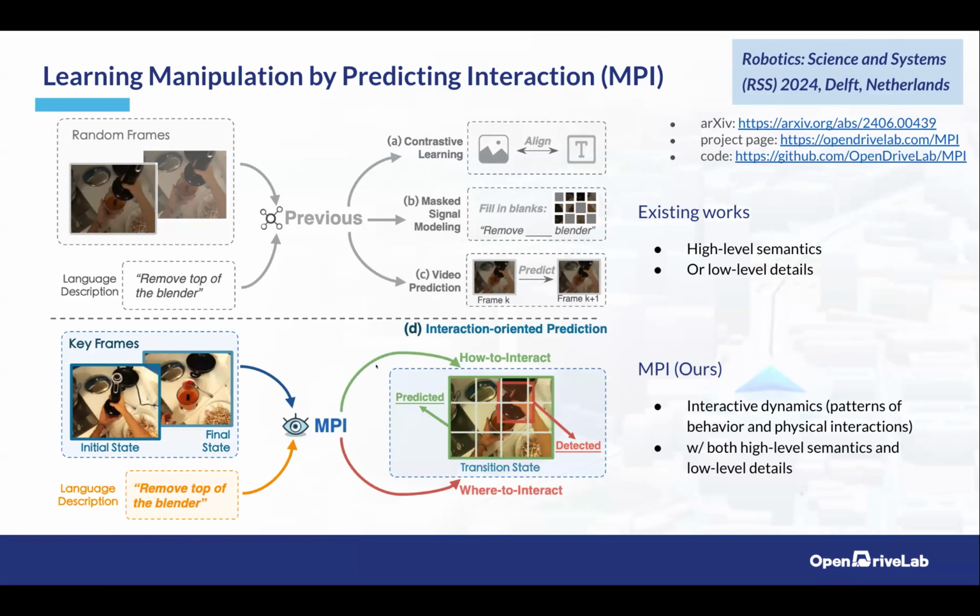So in this work, we explicitly model the interactive dynamics, the patterns of behavior and the physical interactions, and we can get both the high-level semantics and the low-level details. This work was published in Robotics: Science and Systems and will be presented next month in Delft.